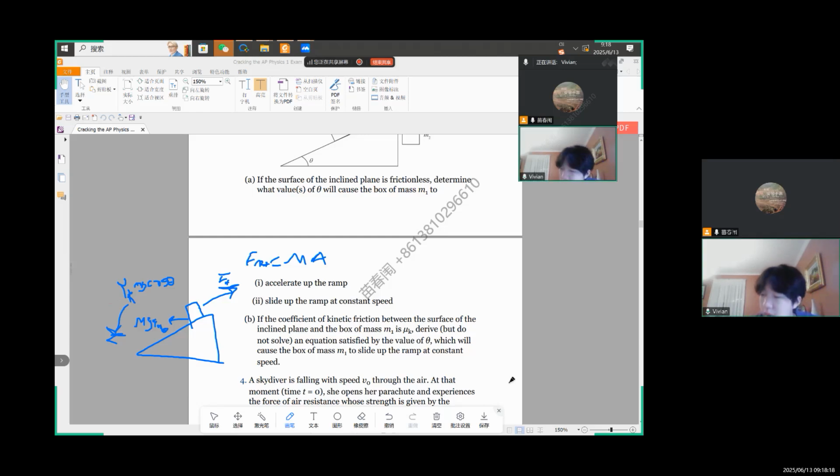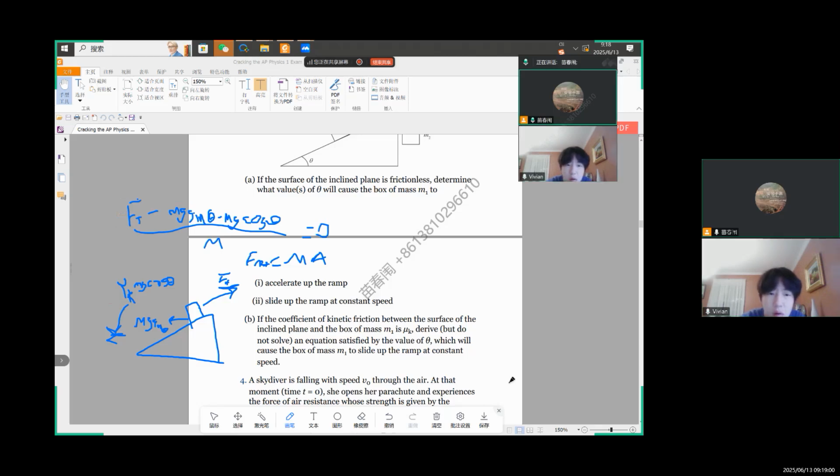So we subtract them all. So FT minus m1 g sine theta minus mu k m1 g cos theta, over m, equals 0.